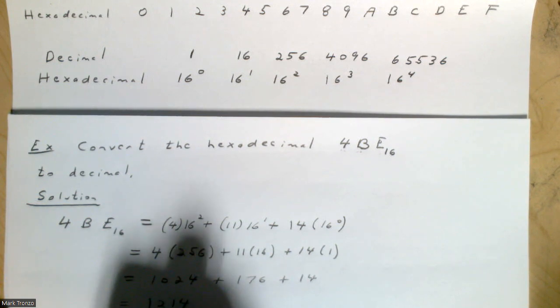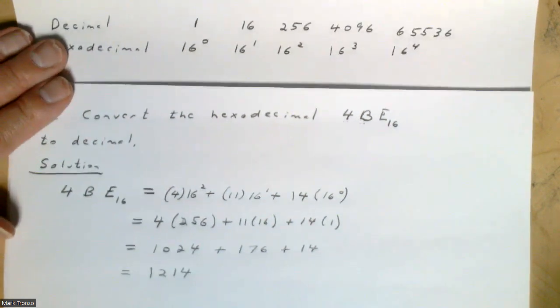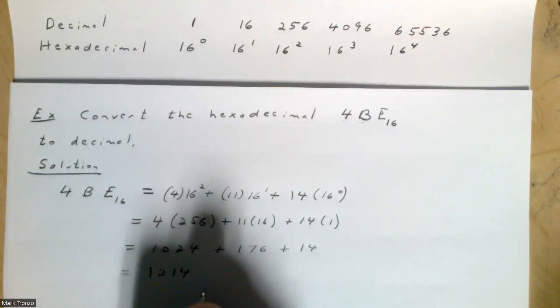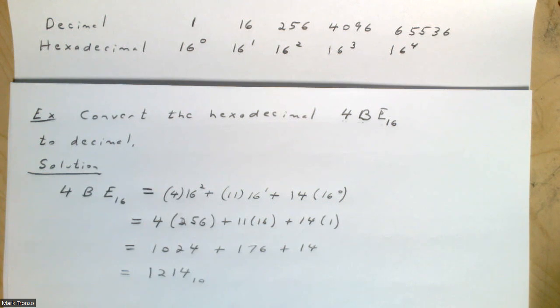And that's 1214 in decimal form. Again, if you want to put a little base 10 here, you can. Usually we assume if there's no number there, it's going to be decimals, but we'll put it there just to make it clear.